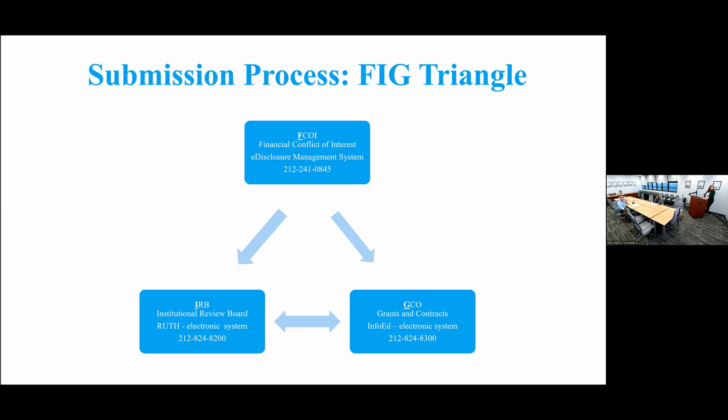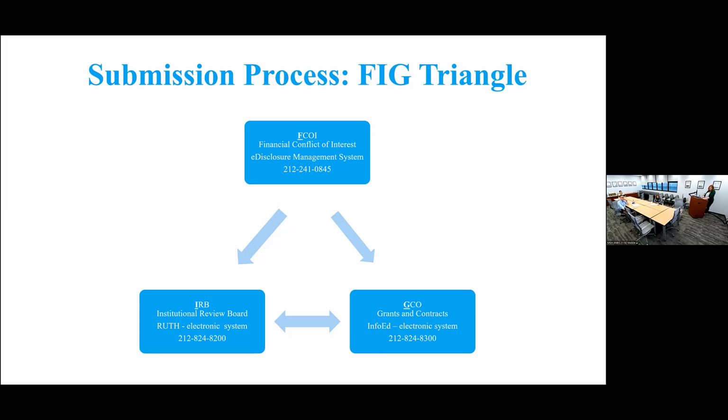Now, the IRB and GCO are together here at the bottom of the FIG triangle because your reviews can happen concurrently. We, of course, have the IRB office, us, and your submission to us will be in Ruth, our electronic submission system. The Grants and Contracts Office uses InfoEd as their submission system. The GCO corner of the FIG triangle is potentially not applicable to you.